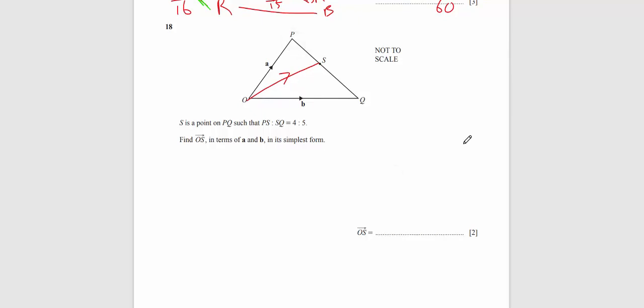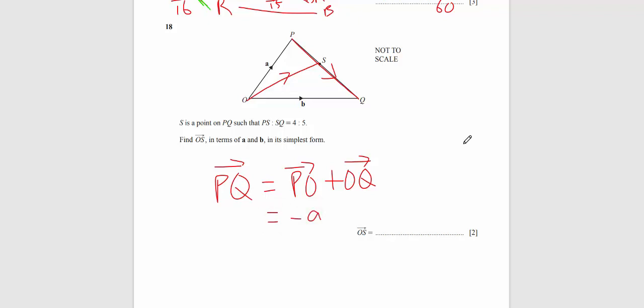Let's find out how we find PQ. PQ is actually PO plus OQ. The PO, because it's going opposite to the vector A, is negative A, plus the OQ, which is B.